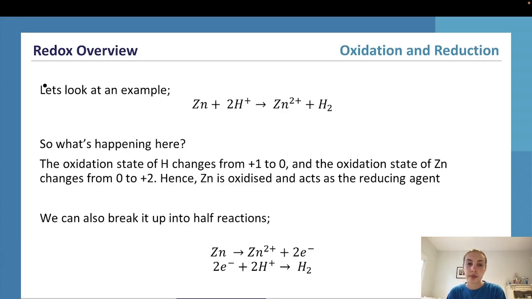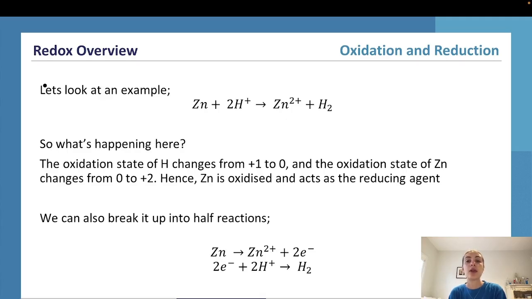So, for example, looking at zinc, zinc is going from 0 to 2+, so it's becoming more positive. We know electrons are negatively charged, so if zinc is becoming more positive, it must be losing electrons.